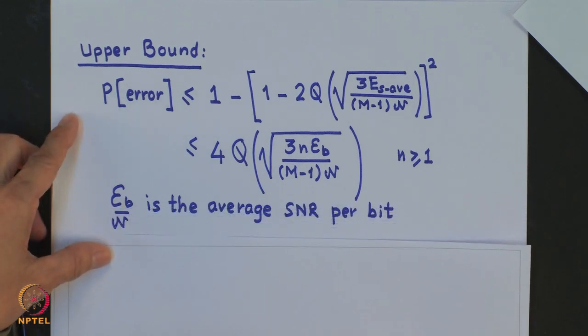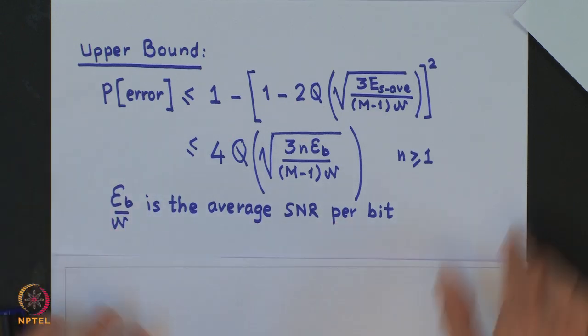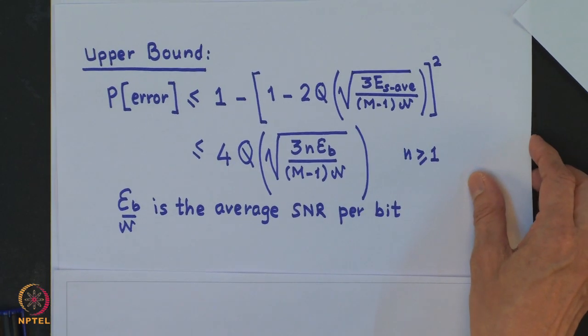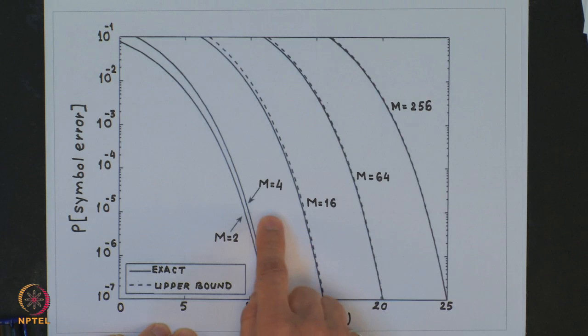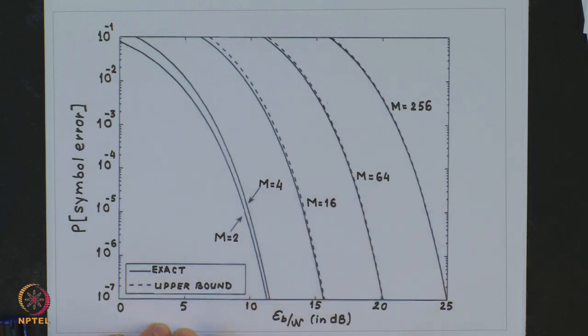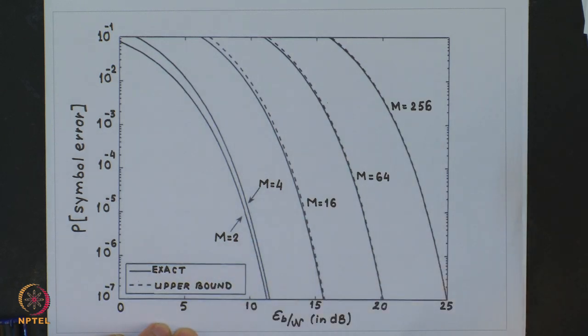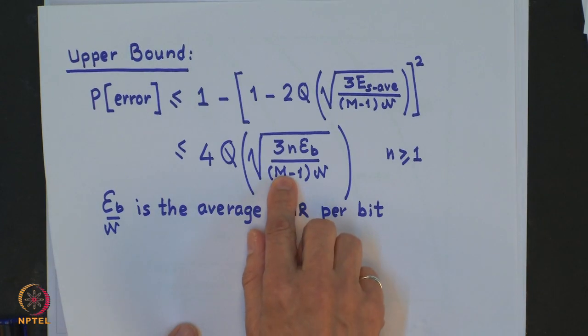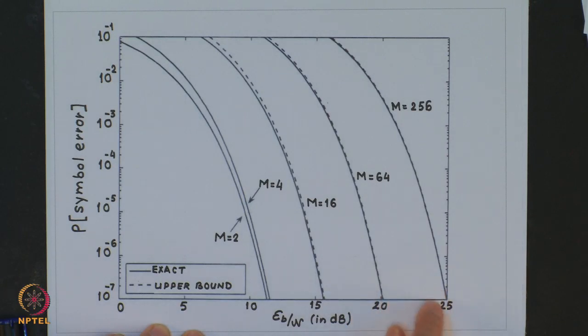Now, in this Eb by root n is the average SNR per bit. So, the plot of the symbol error for M-QAM is as shown in this figure here as a function of Eb by root n for various values of M. The upper bounds plotted in this figure are based on this equation and can be seen to be very tight at high SNR.